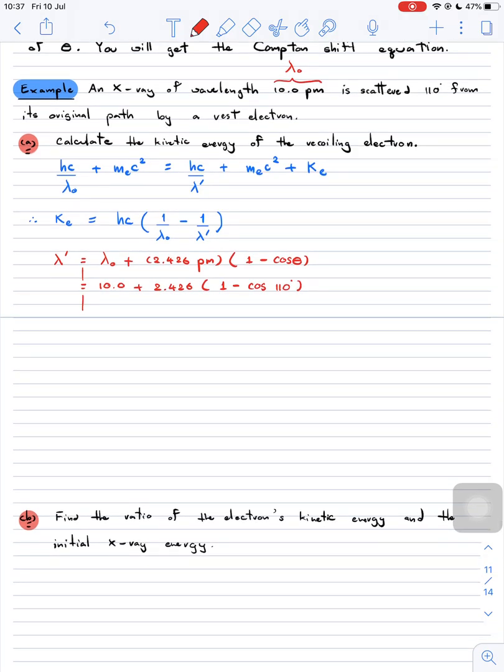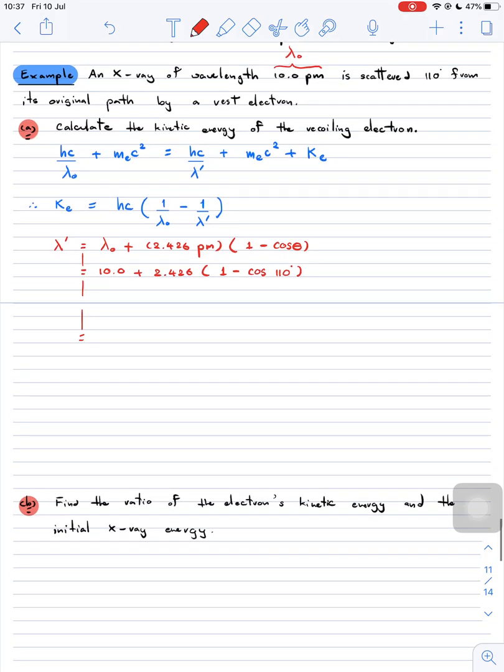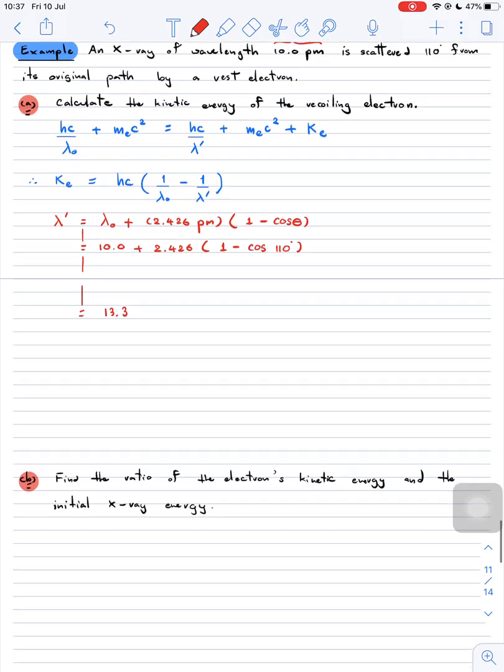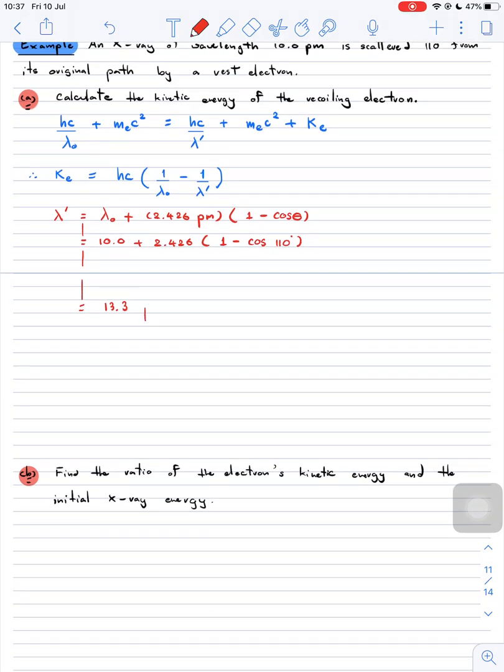Then finally you will get that lambda prime is equal to 13.3 picometer.